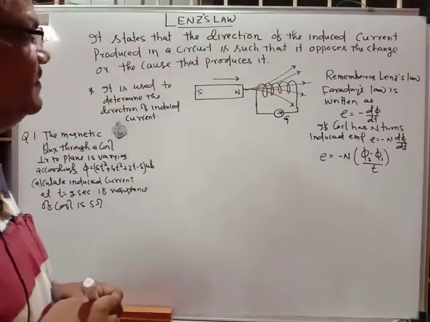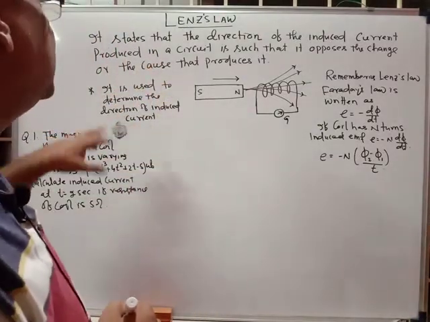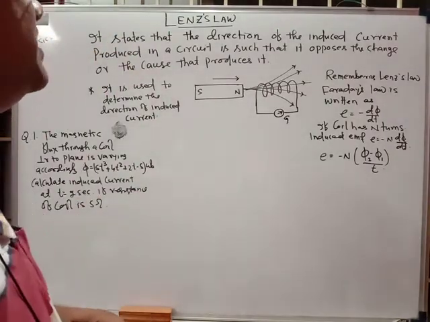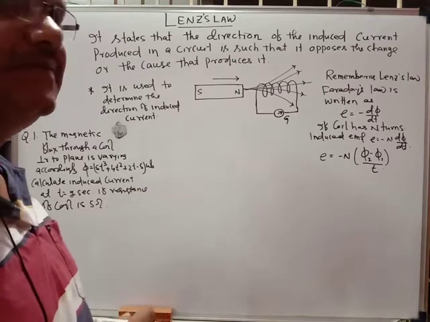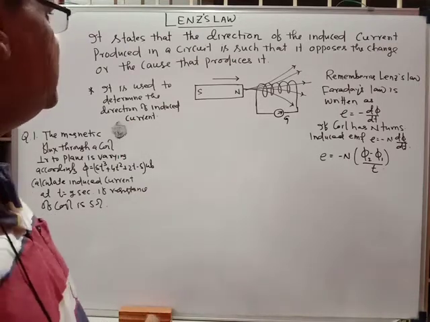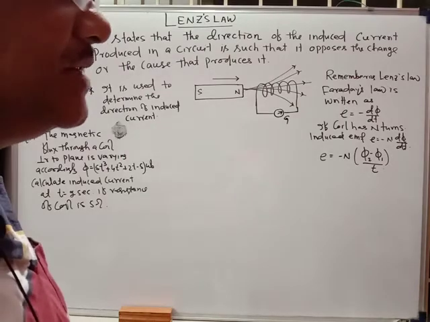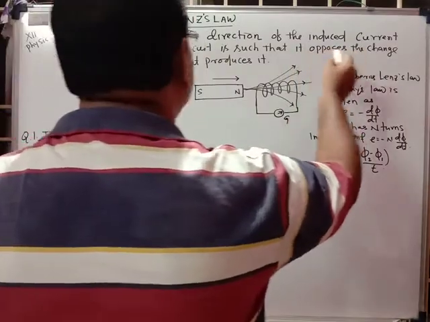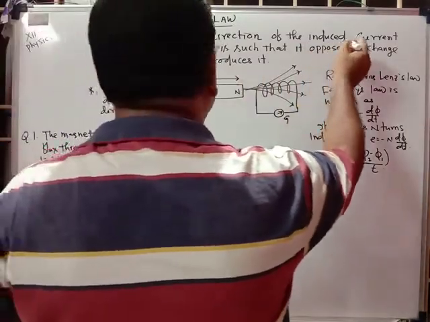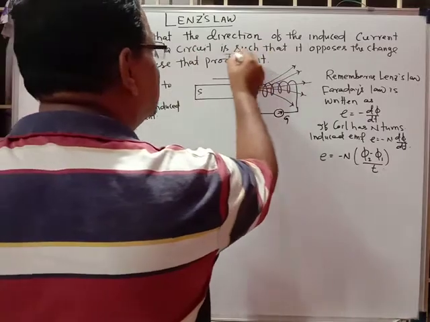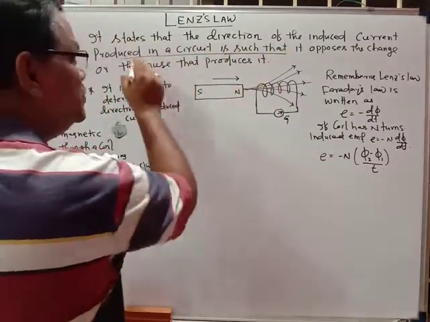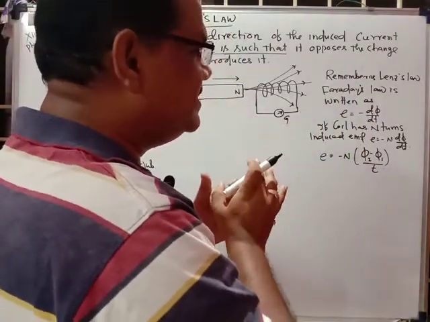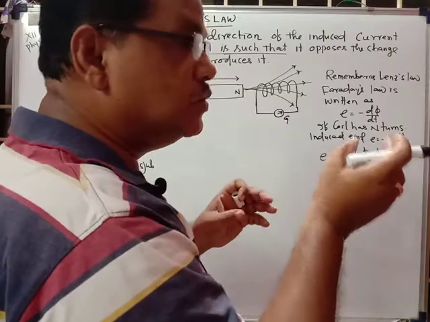This is a very important law. It states that the direction of induced current produced in a circuit is such that it always opposes the change or the cause that produces it. Just mind this sentence. The direction of the induced current will be in such a way that it opposes the cause which is producing it.